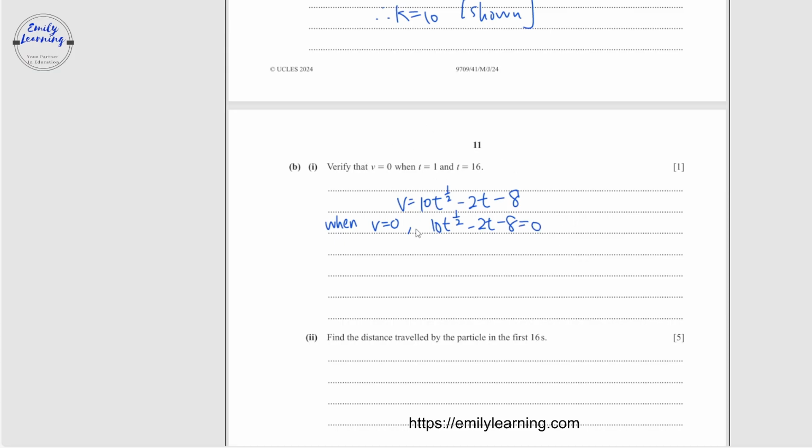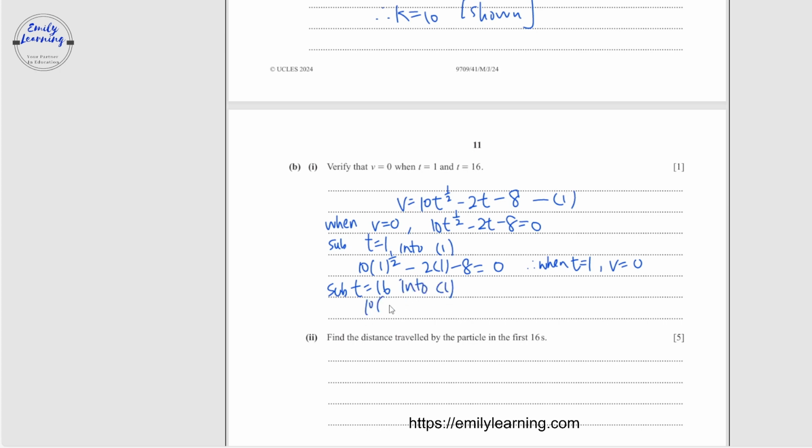Since they asked me to verify, I can sub t equals to 1 into equation 1. So I have 10 times 1 to the power of half, minus 2 times 1, minus 8, is equals to 0. Therefore, when t is 1, v is 0. Next, I'll sub t equals to 16 into equation 1.